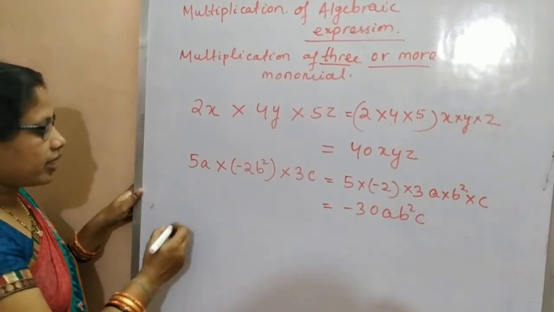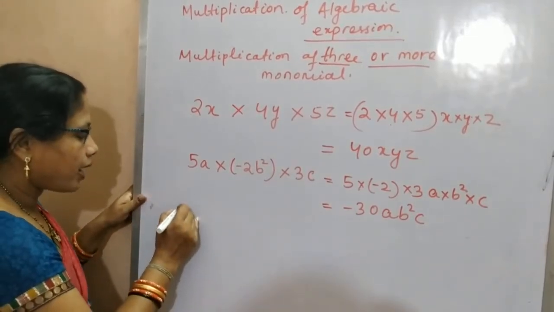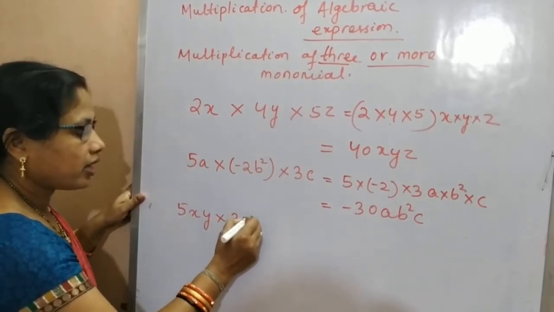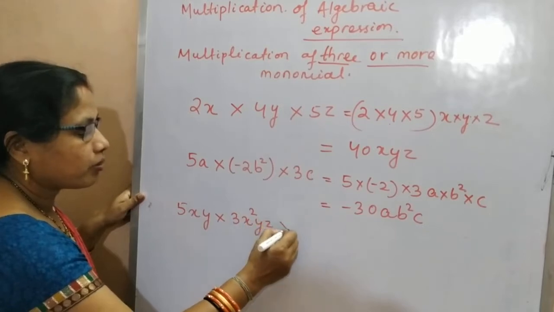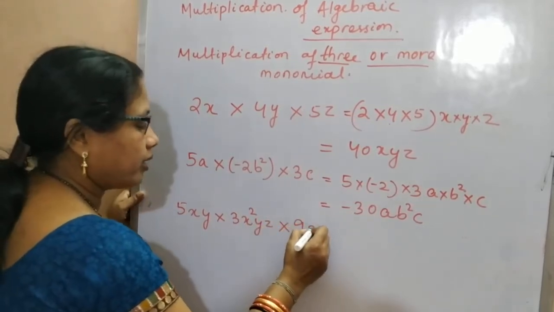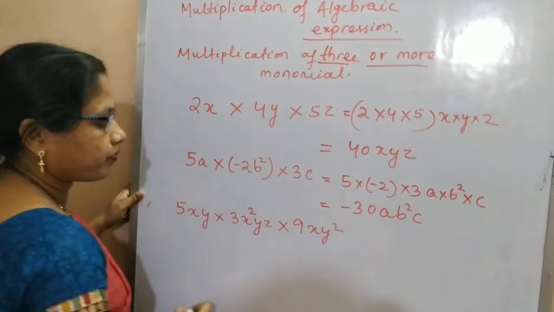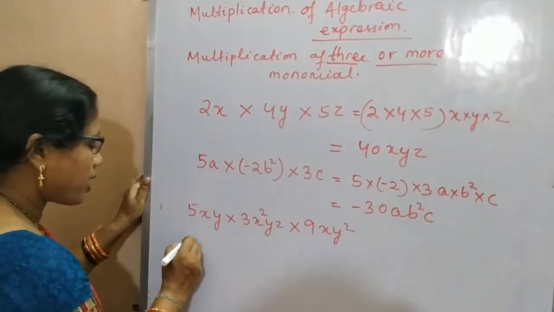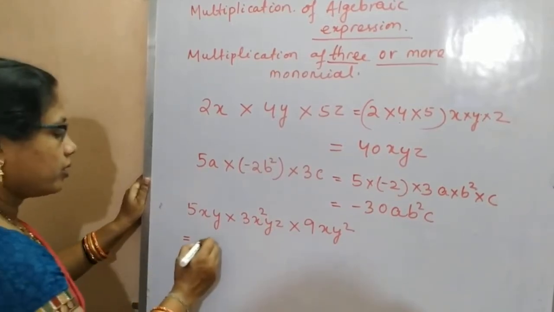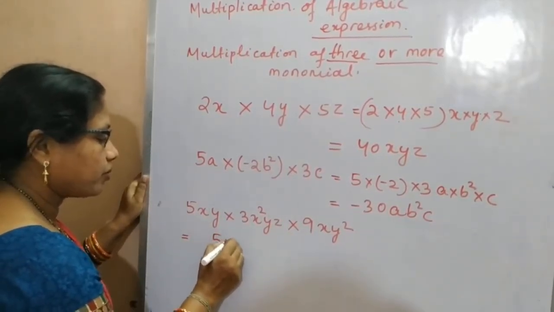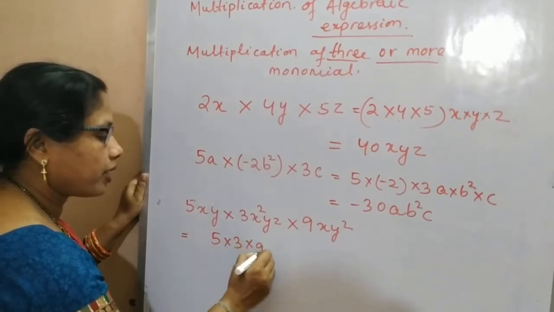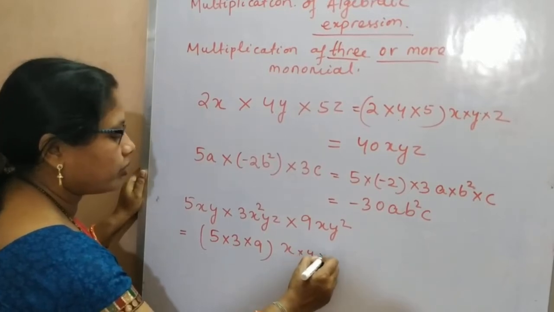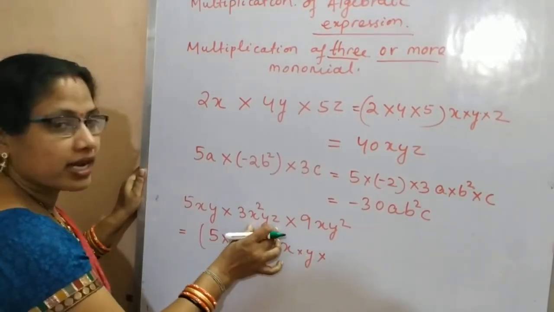So let us take another example. 5xy multiplied with 3x square yz multiplied with 9xy square. Let us take these three monomials. We have to multiply this. So first I have to multiply the coefficients. 5 multiplied with 3 multiplied with 9. Then x multiplied with y multiplied with, so you have to factorize this.